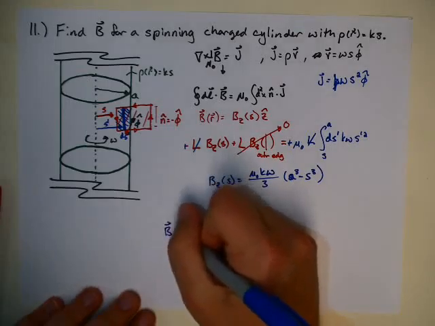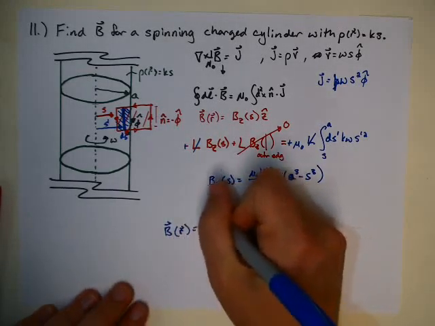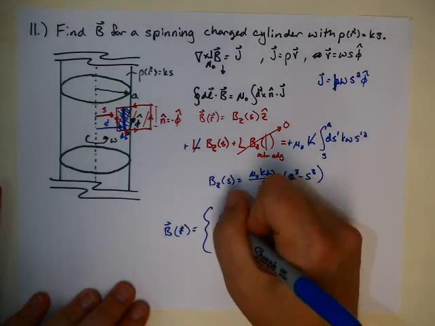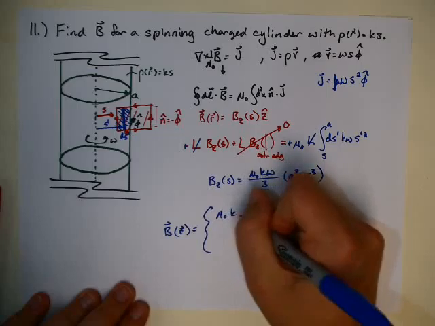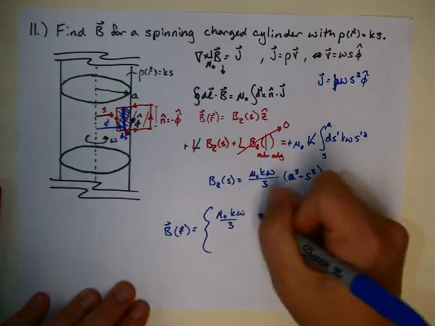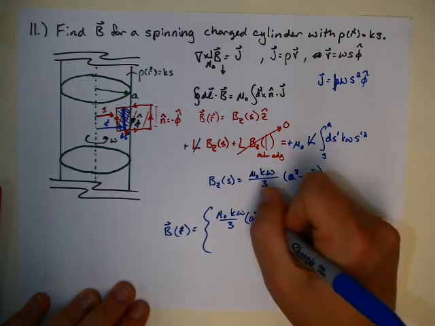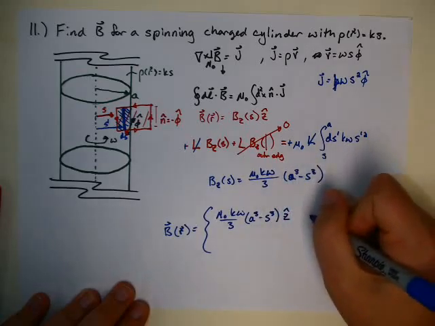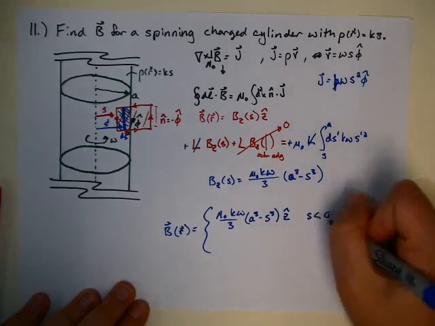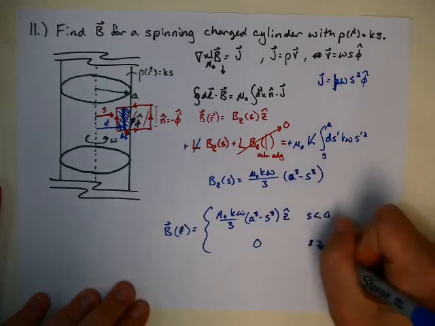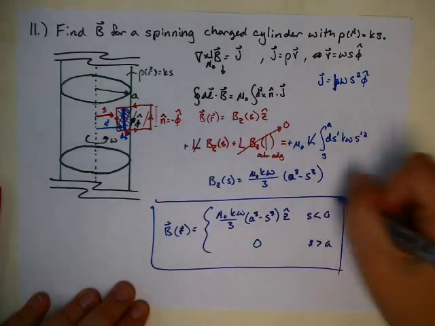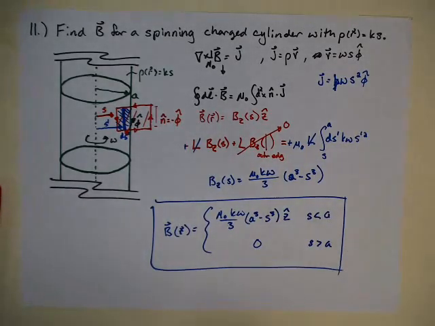Writing it in general in vector form, so plugging this back in, we have two parts. We have this solution, mu naught k omega over 3 times a cubed minus s cubed in the z hat direction, as long as s is less than a, and we have 0 if s is greater than a. And so that's the magnetic field everywhere for this spinning charged cylinder.